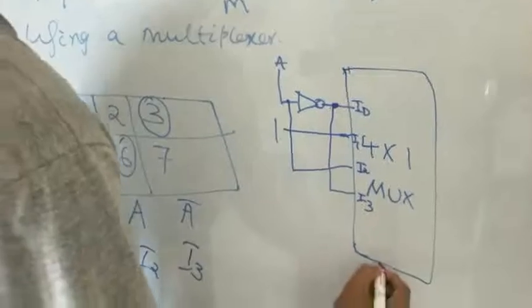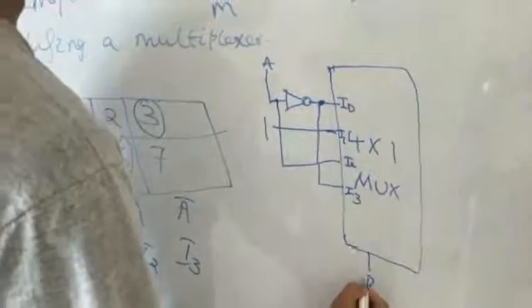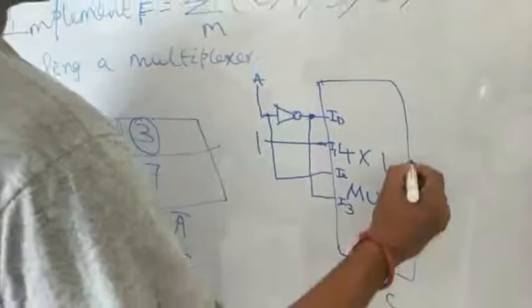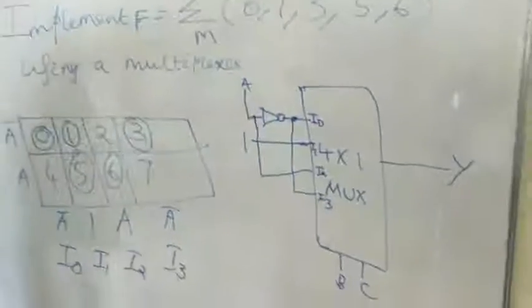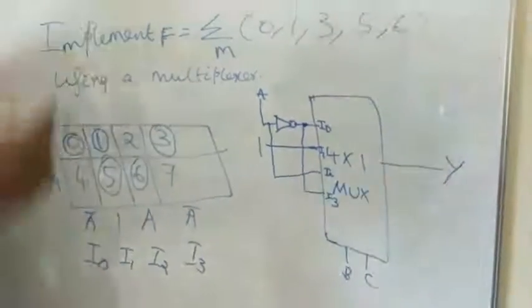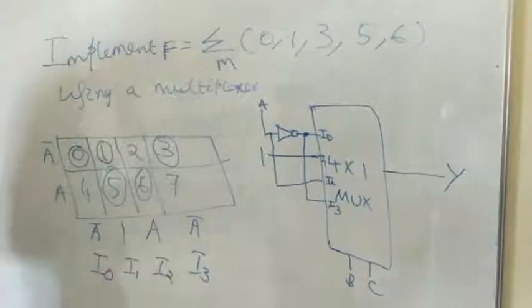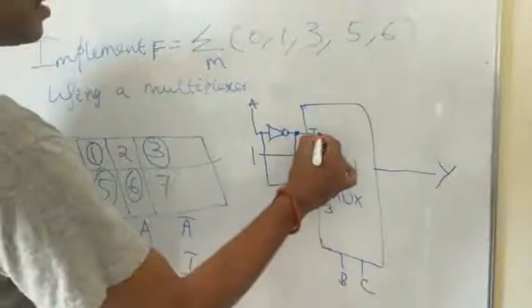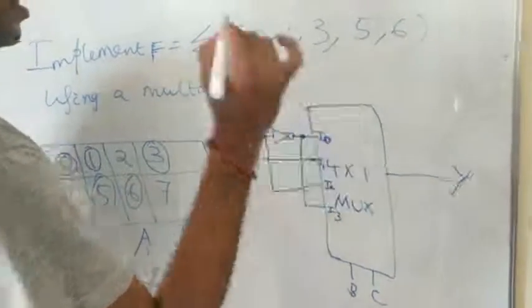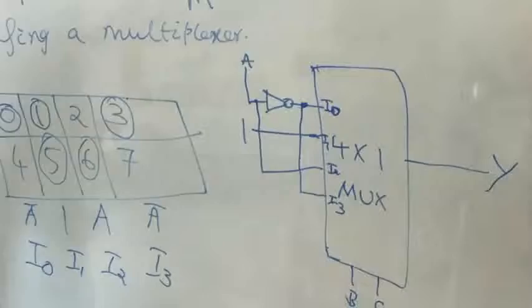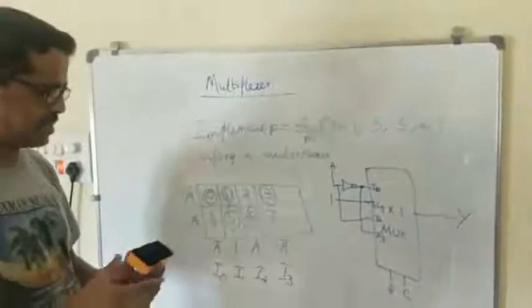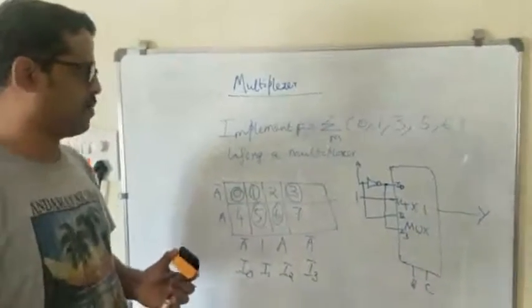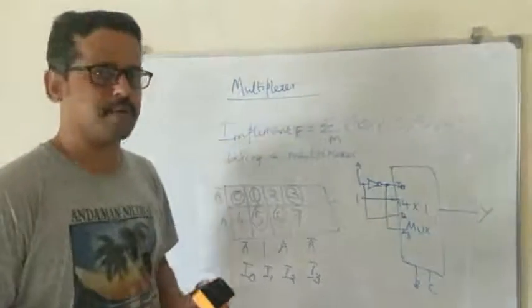Then we need to have 2 selection inputs that we can take as B and C, and one output called Y. So we need to implement this Boolean expression using a multiplexer. This is I0. Is it clear? We'll see one more example so that you become familiar with this Boolean implementation using a multiplexer.